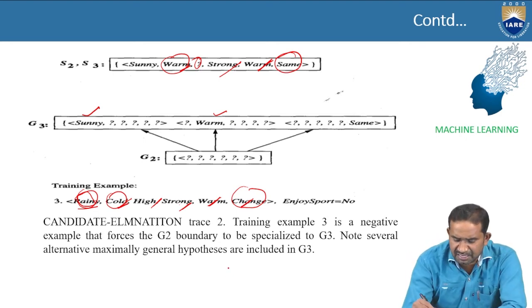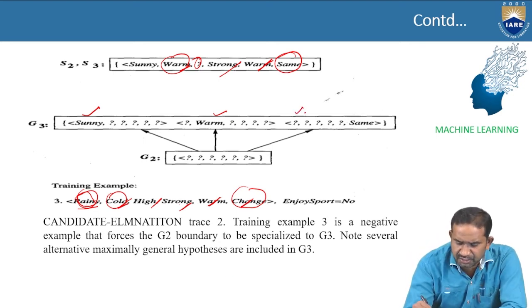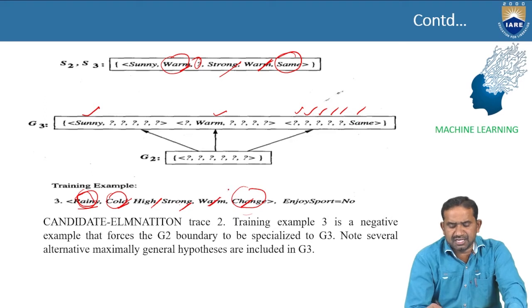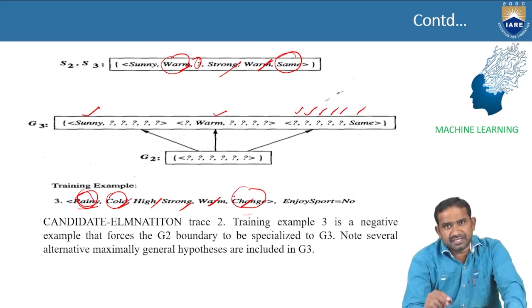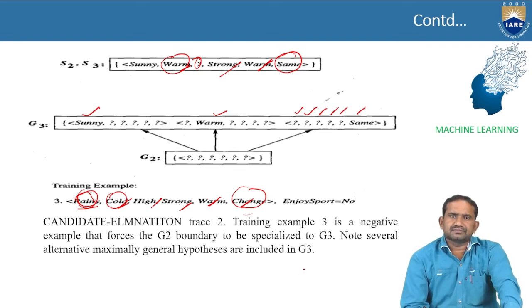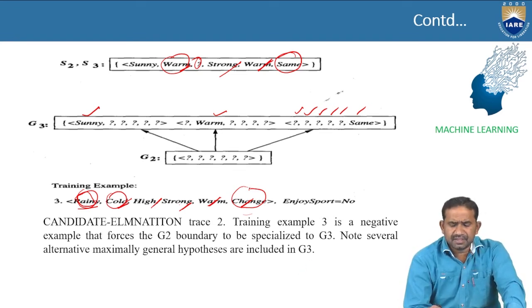So initially we keep question marks for generalized 1, 2, 3, 4, 5, 6. This generalized parameter is replaced by the specific hypothesis parameter, meaning the generalized parameter is replaced by the specific training example.